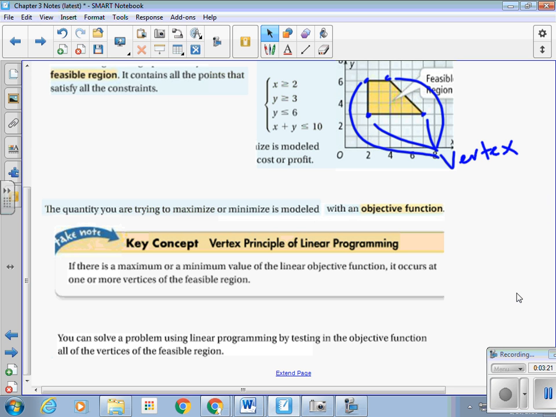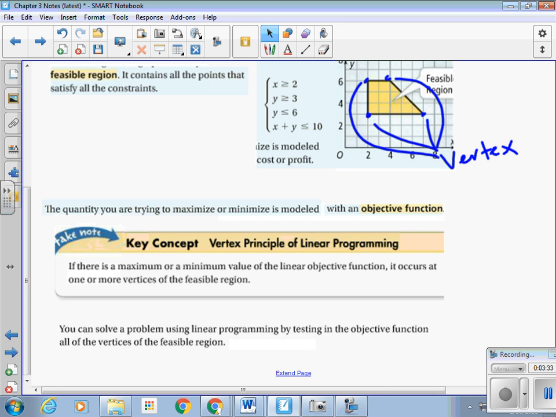So once I find my feasible region, I'm going to write down my vertices, and I'm going to plug that x and y into our objective function. You can solve a problem using linear programming by testing in the objective function all of the vertices of the feasible region.